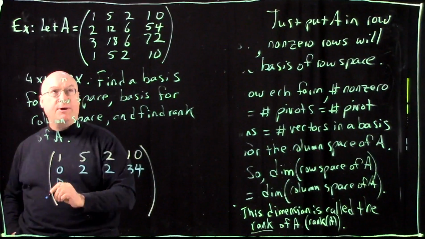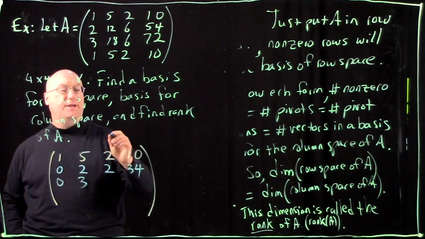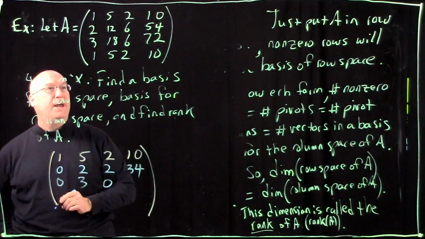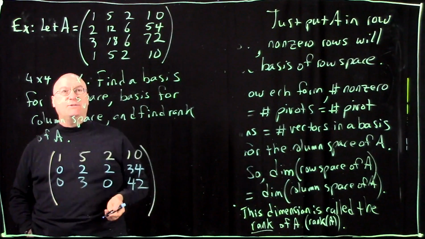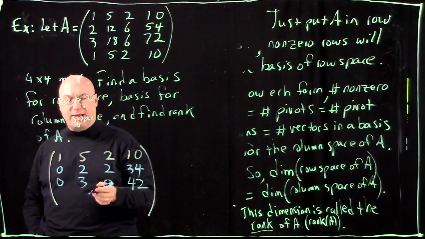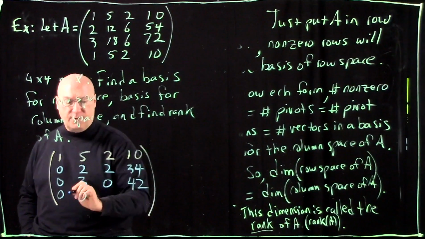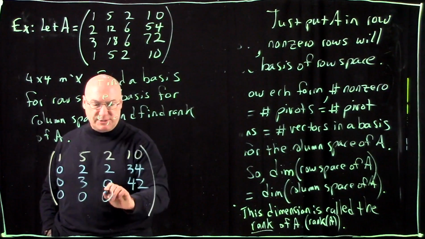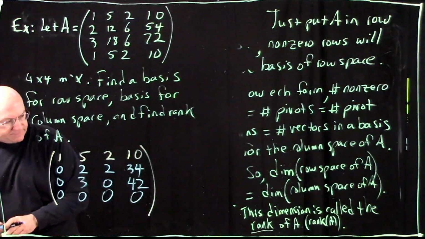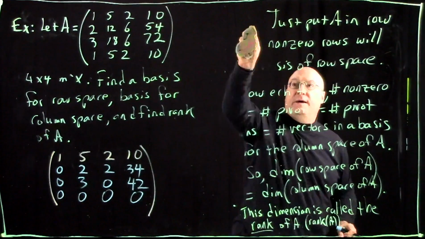That gives me a 0, and then a 3, and then a 0, and then I think a 42. And then I'm going to take -1 times the first row and add it to the last row. That gives me 0, 0, 0, and 0. Oh, okay, that dropped out right away. Didn't expect that, but that's fine.